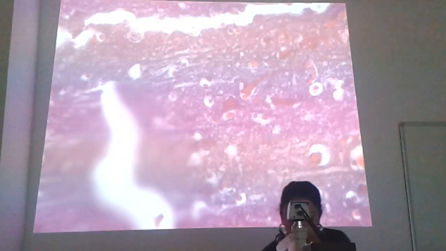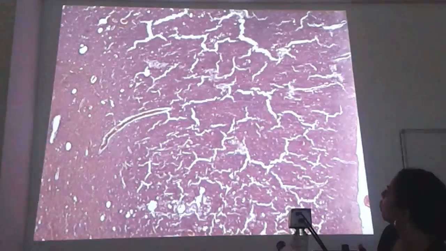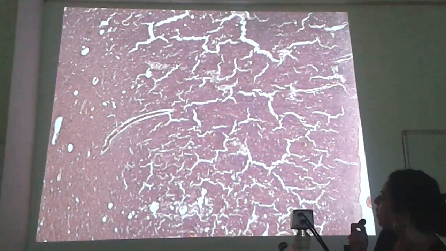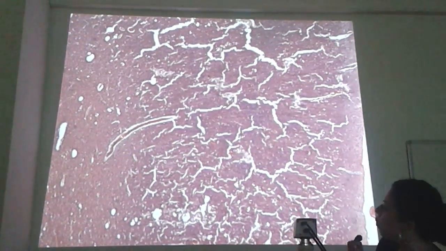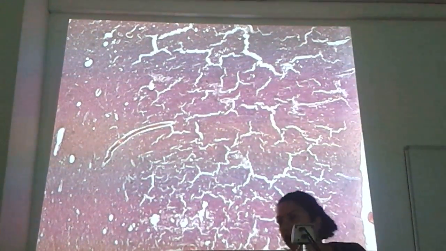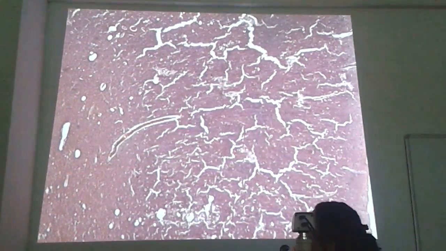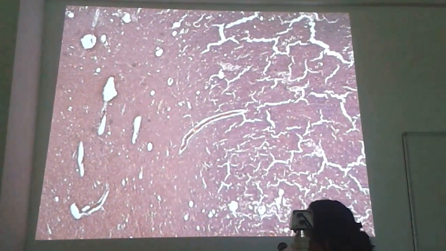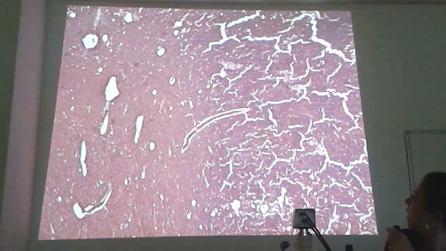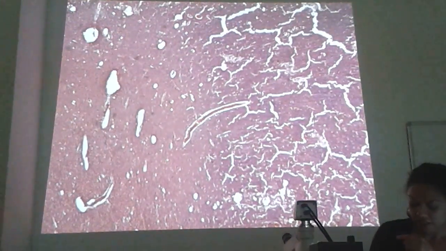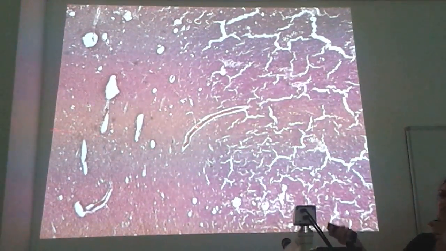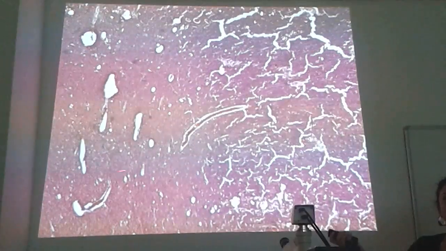And when we look at the white matter, would you expect to see neuron cell bodies in the white matter? No. What do you expect to see here? Axons, dendrites, and lots of glial cell bodies.